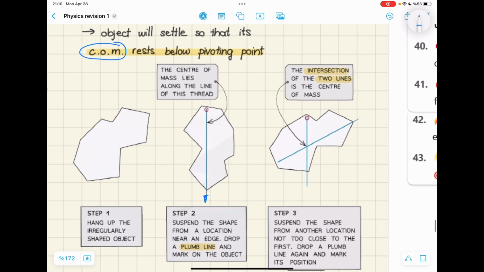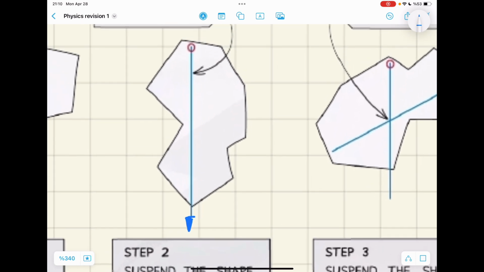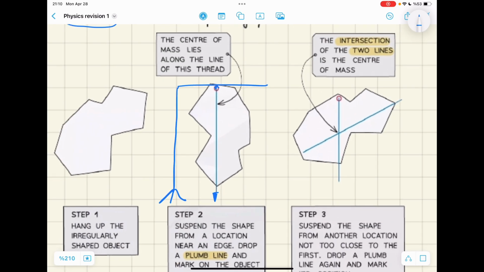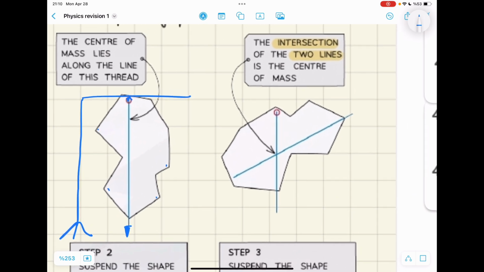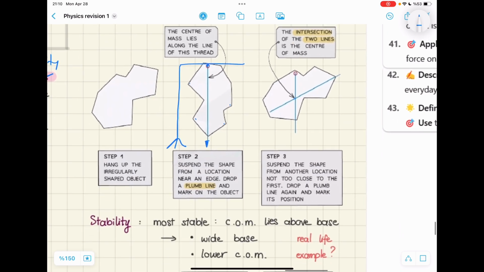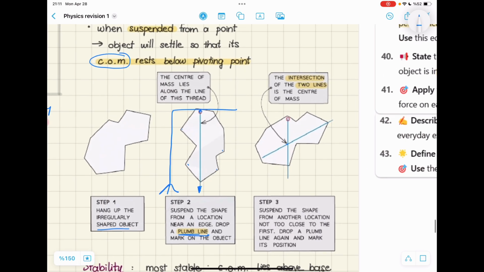You remember, it's like a little line that hangs down. It will orient itself so it can hang down. You will hang it in a few different places, and each time the line that goes through it will be put through the middle. So basically, in the intersection of the two lines, we just need two, it will be the center of mass of this irregular object. Usually you are asked to describe this.